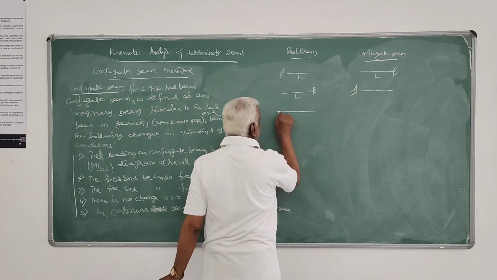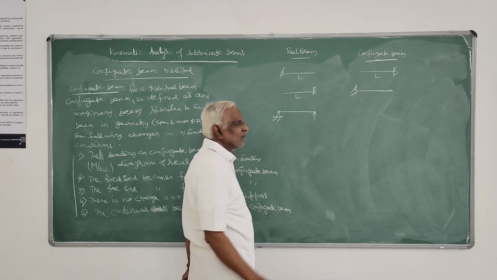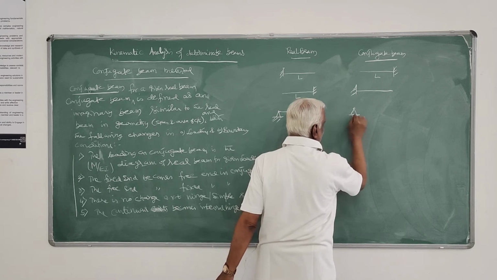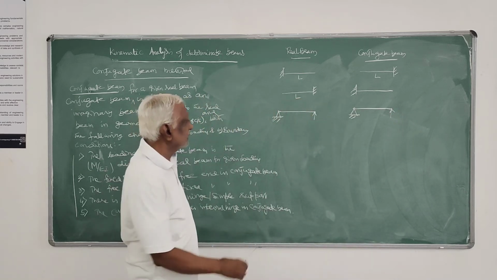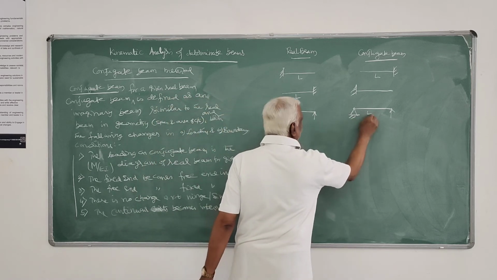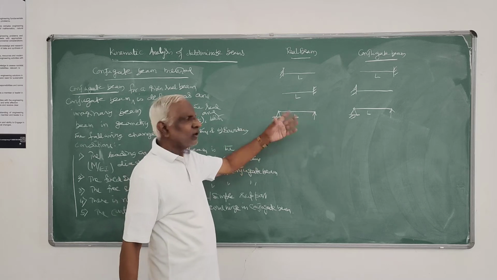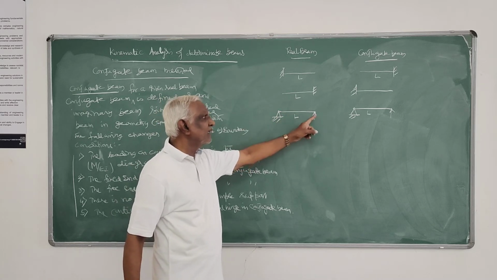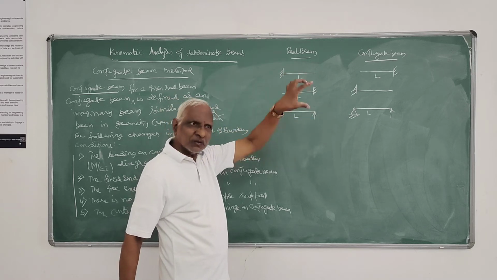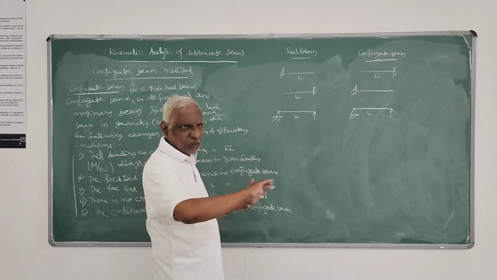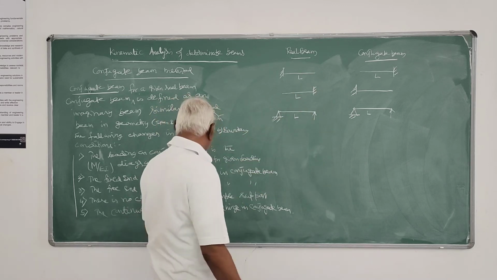Suppose the real beam has a hinge like that, there is no change. L and A are constant. If A is constant, A will be there. If here it is 2A, there 2A, and the M diagram also you have to divide. Even non-prismatic beams you can solve by the conjugate beam method.